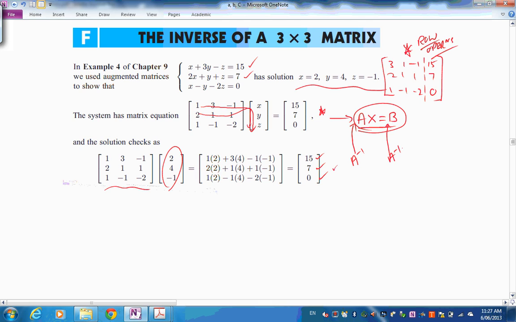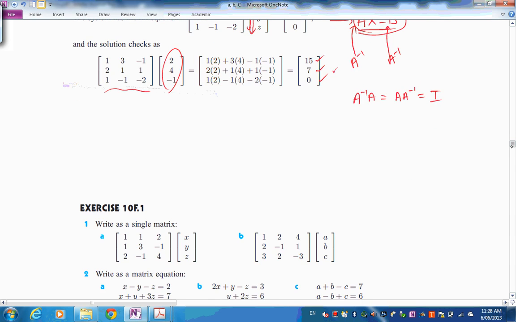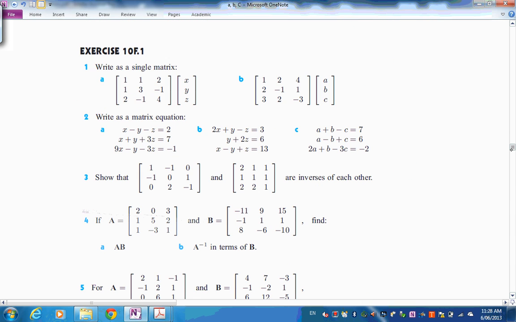If only we could find now that magical inverse for 3x3s, which does this for us, and, if you like, converts the A to I, and thereby isolates the X there. Okay, let's come down now and see if you can get the hang of getting equations into that form.